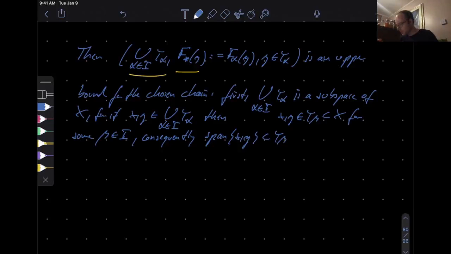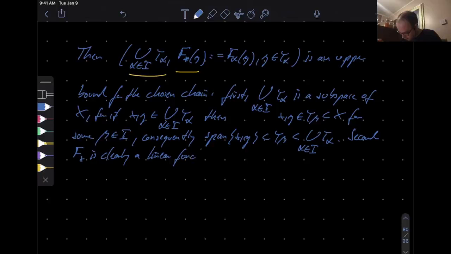But Y beta, of course, is sitting in the union of all these guys. So that's why it's a subspace. That's clear. Second, is this f star a linear functional? Well, yes, it is, because it's just defined as the restriction to all those f alphas, and those are linear functionals. Second, f star is clearly a linear functional.